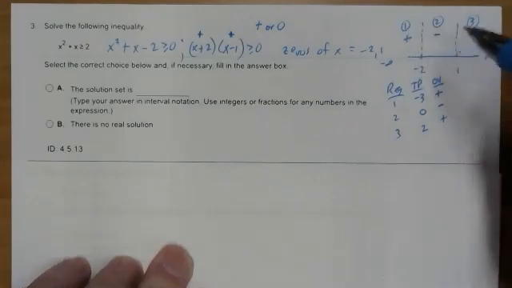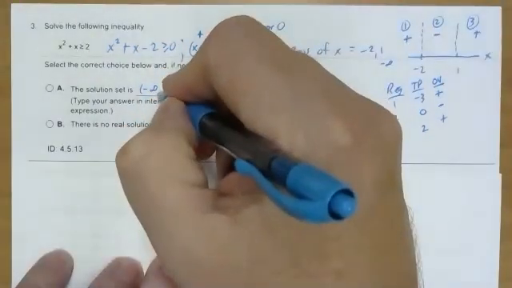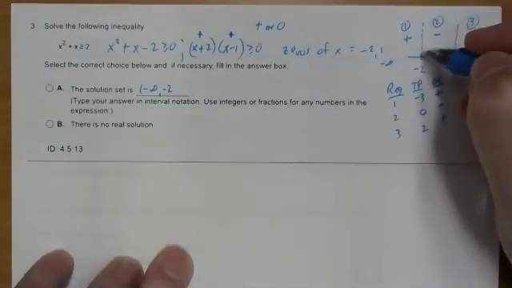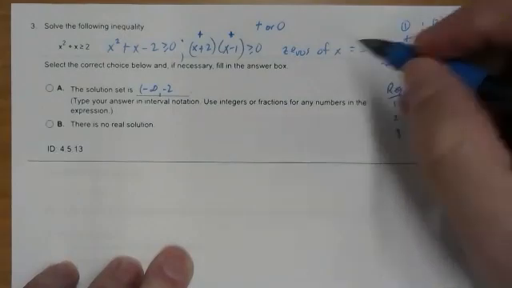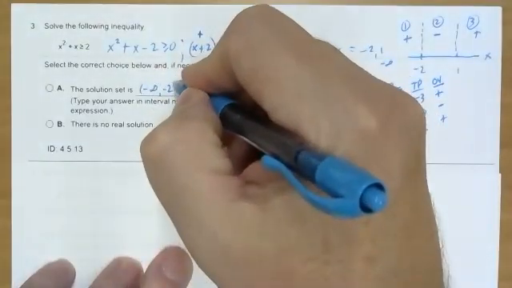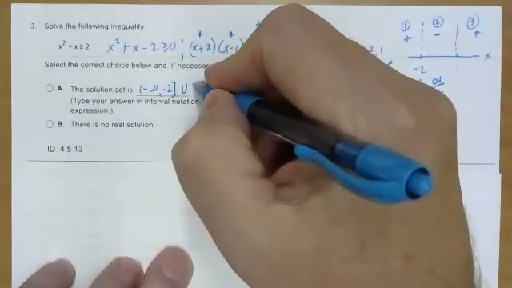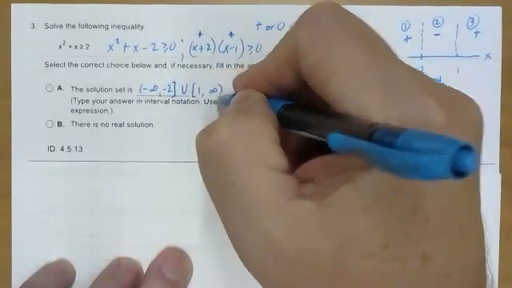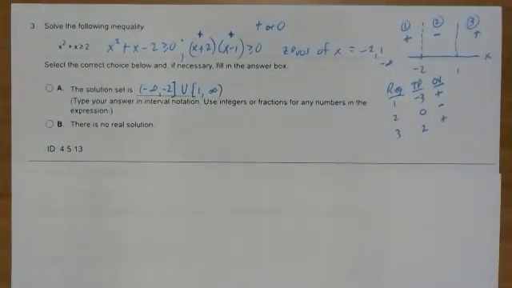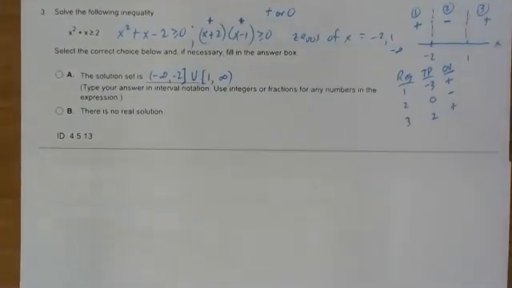The interval for region 1 is going to be negative infinity to negative 2. Now at negative 2 is where this expression is 0, and since I'm including 0, I put a bracket. And then region 3 starts at 1 and goes to infinity. So that should be your answer for number 3, solving a quadratic inequality.